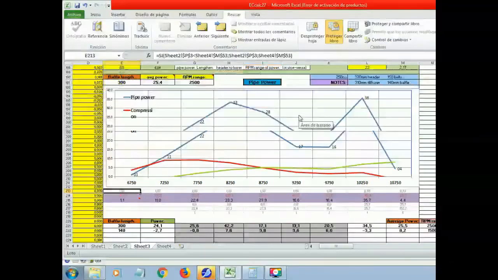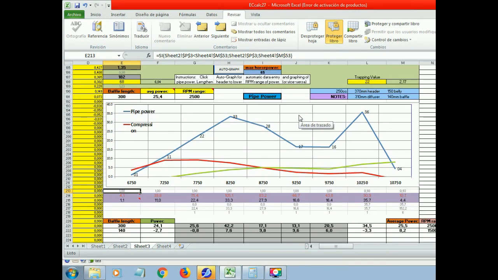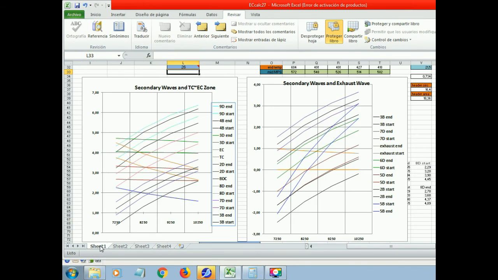I really dislike how that dips down there around 9500. Sometimes it's just unavoidable, and it has to do with the porting and the RPM chosen. And when you reach a situation like that where you just can't find an easy solution, you have to change the peak RPM or change the porting.